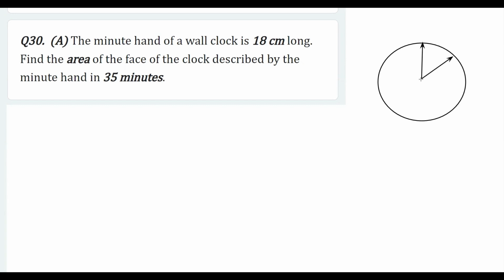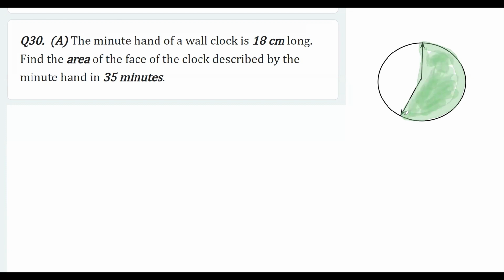So the area described by it in 30 minutes, somewhere 15 minutes, it's 30 minutes over here, and this would be 60 minutes. So what we have to find is the area swept by this in 30 minutes. That means we have to find the area of this sector, that is a major sector.